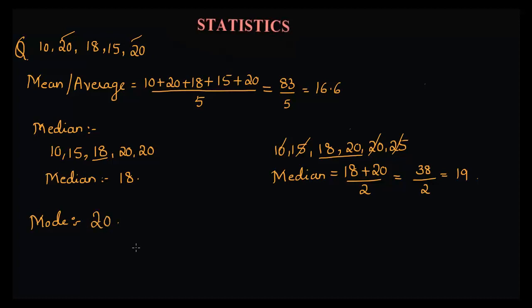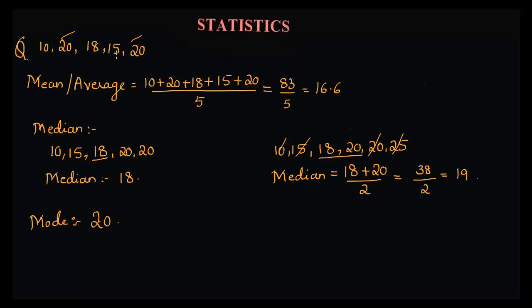There may be possibilities when you have no mode, or there may be possibility when you have 2 modes or 3 modes. For example, if there is one more 18 also, then there will be 2 modes, right? Because 20 is also 2 times and 18 is also 2 times. So there may be 2 modes.